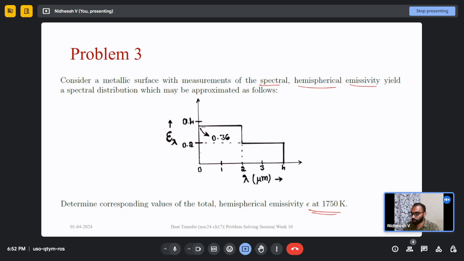Now how to solve this problem? That is our question. Take a minute to go through the problem and let me know if the problem statement is not clear.